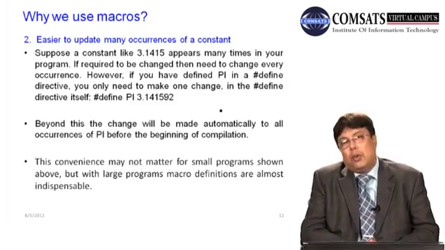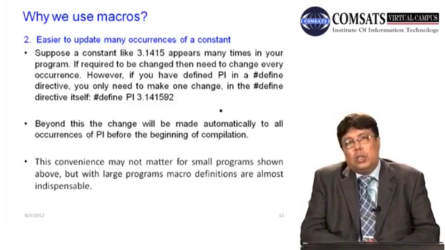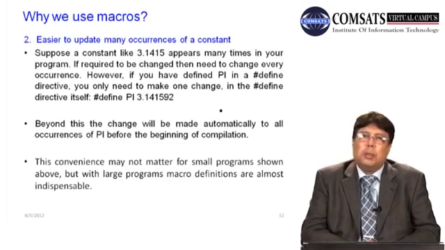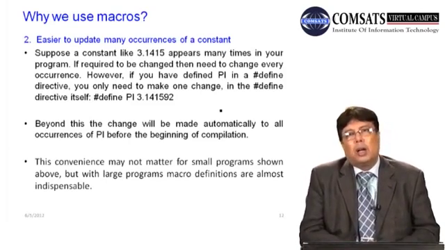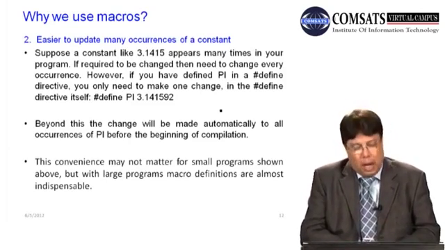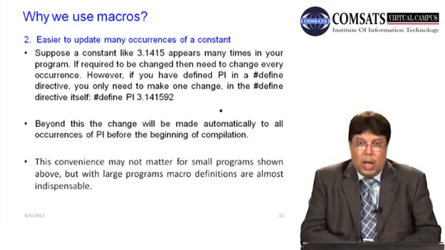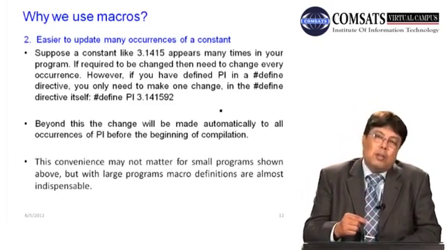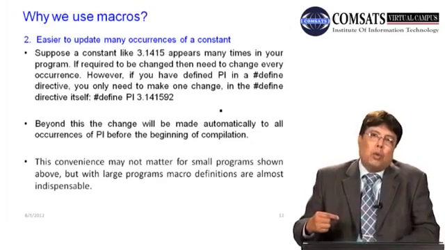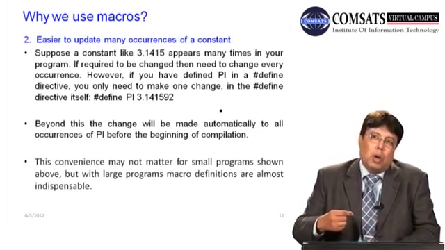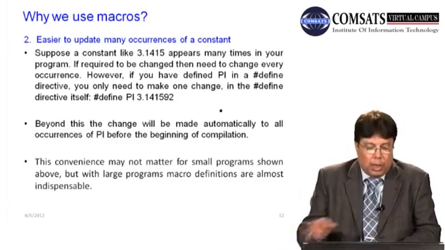If you want to use the more accurate value, you will simply change its value in the define directive and the rest of the occurrences will automatically be updated beyond the point where you have defined it. You change the value in one place, and everywhere you used the macro, it is automatically reflected.